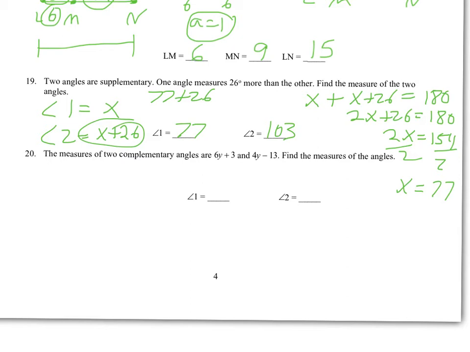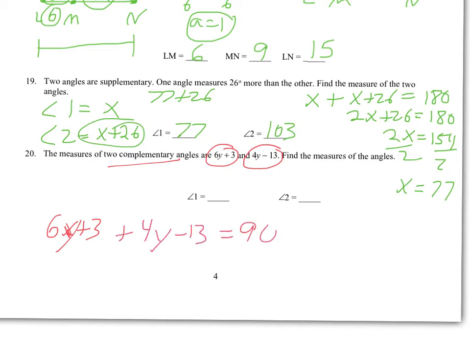Alright, looking at the next one, the measure of two complementary angles are 6y plus 3. They're complementary, that means they add up to equal 90. So if this is one and this is the other, then 6y plus 3 plus the other angle, which is 4y minus 13, when I add them together, we get 90.